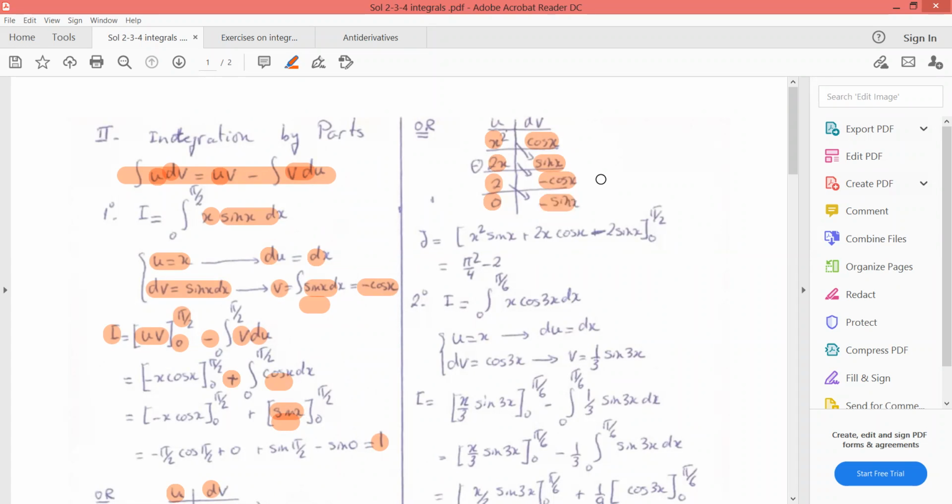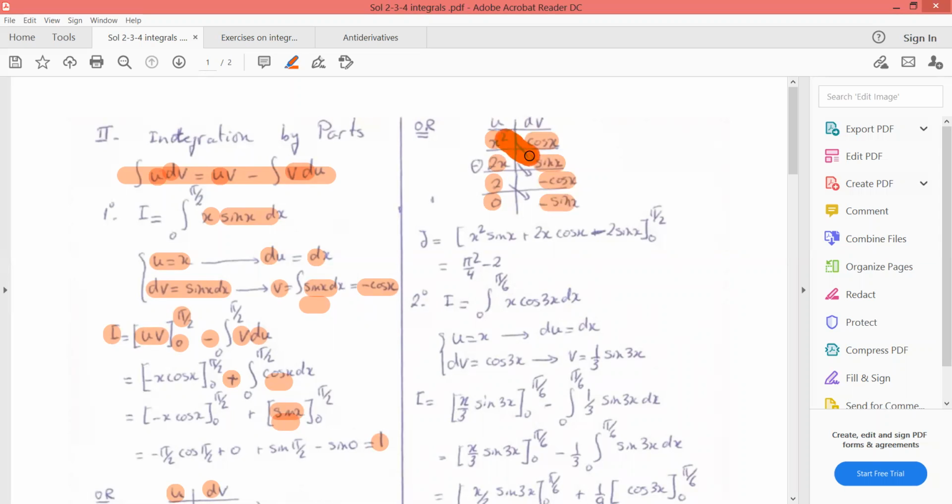Professor, why did you put plus 2x here? Because the derivative of x squared is 2x. Okay. To calculate the result I multiply this one by that one.